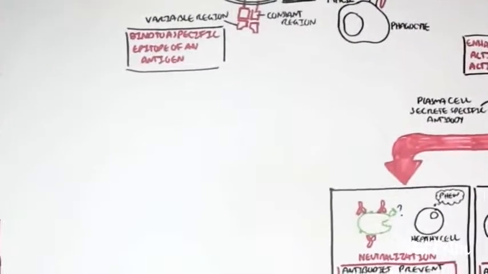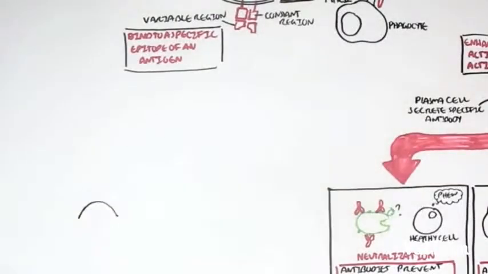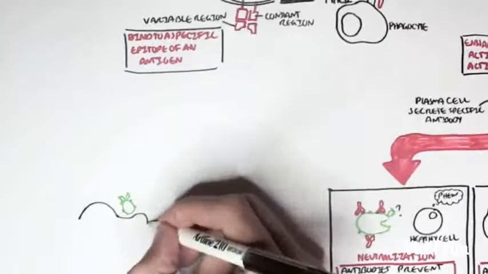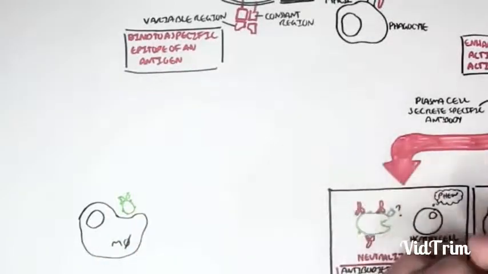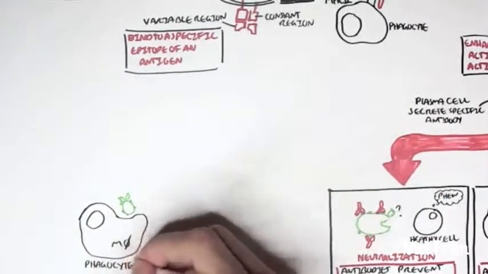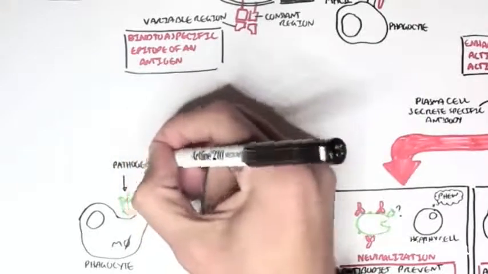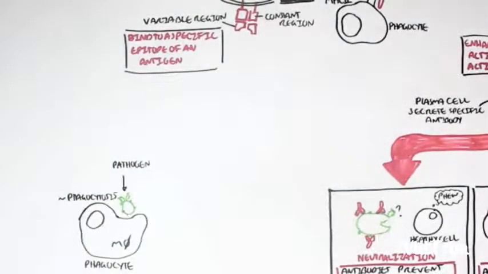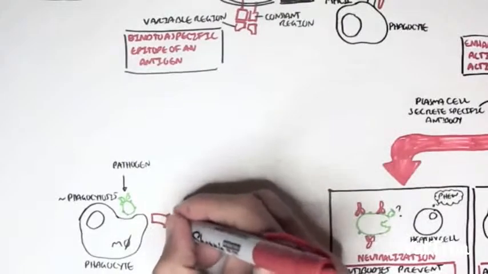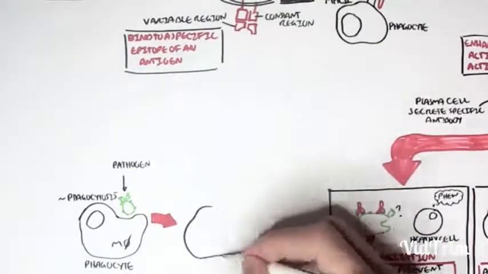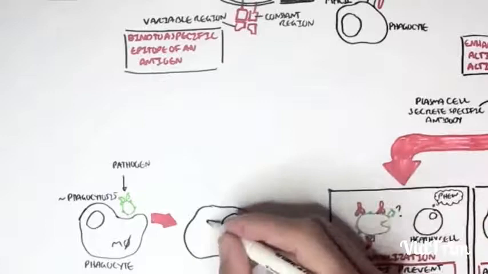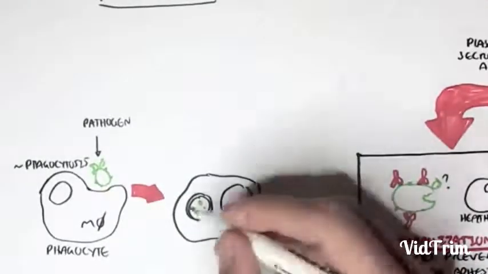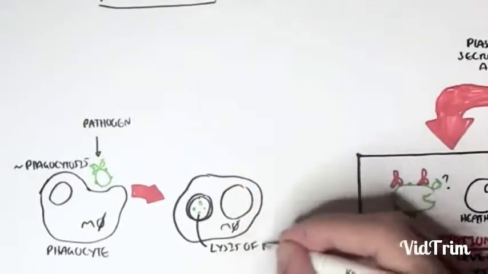Well, we have an antigen-presenting cell here, such as this phagocyte, and it will engulf this pathogen through phagocytosis. So the pathogen doesn't actually infect this phagocyte, but the phagocyte will engulf it, will phagocytize it. And when it phagocytizes it, the pathogen will be essentially inside a vesicle and be destroyed by lysosomes, through acidic content.